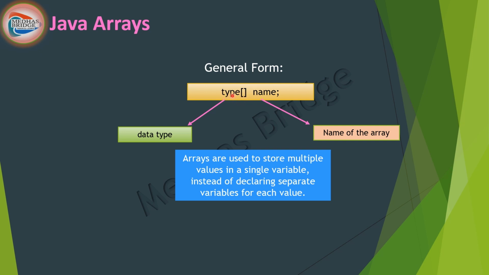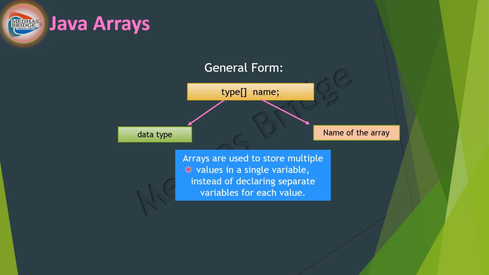Type means the data type. Whenever you see this symbol as a suffix to the type, the name would be an array name of whatever data type you are going to declare. So you get this. This is the general form of Java arrays.